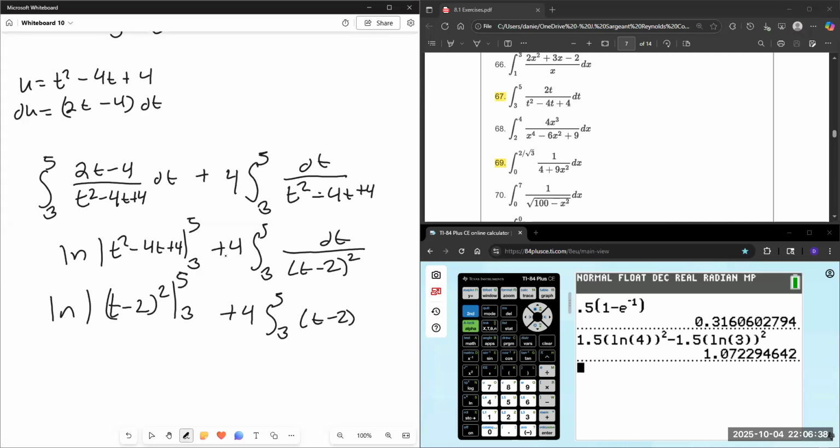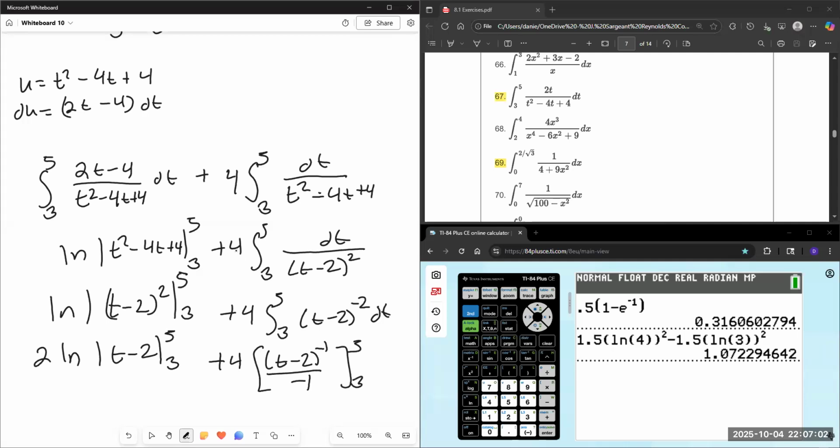T minus 2 to the negative second dt. The 2 comes down front. This is going to be plus 4 times t minus 2 to the negative first over negative 1, evaluated from 3 to 5.